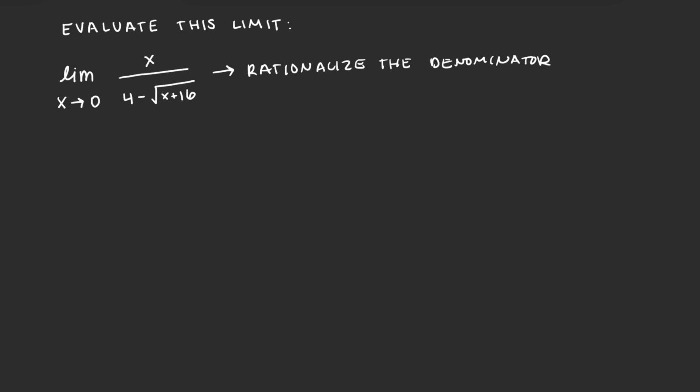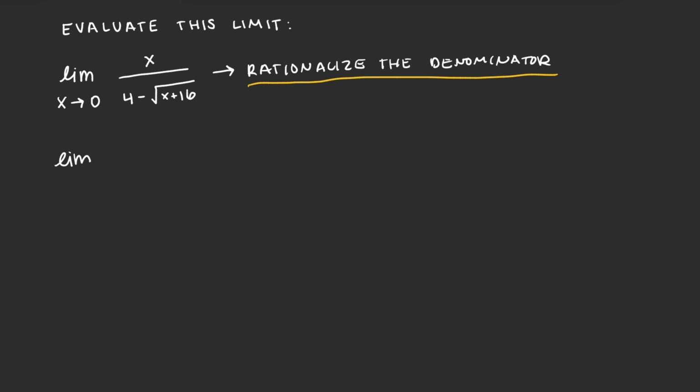So for this example, we have the limit as x approaches 0, x over 4 minus the square root of x plus 16. So what we're going to do to work through this is first to rationalize the denominator. So that's going to look like this.